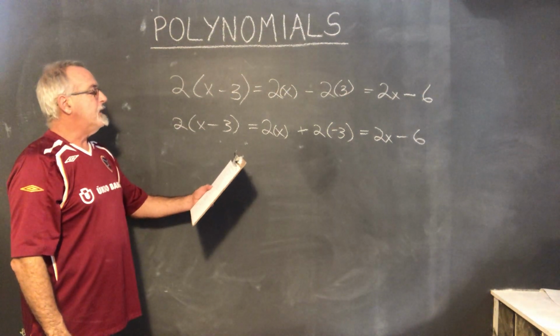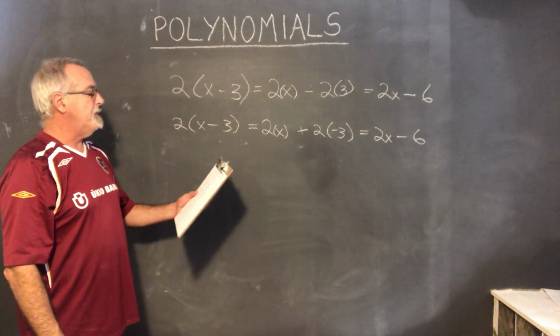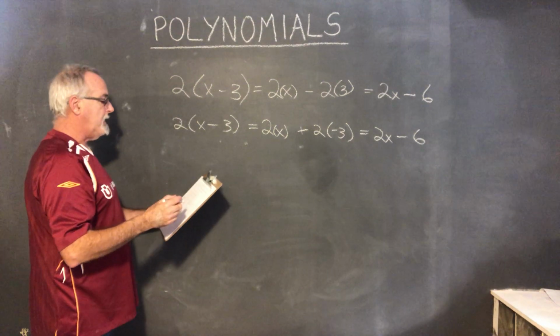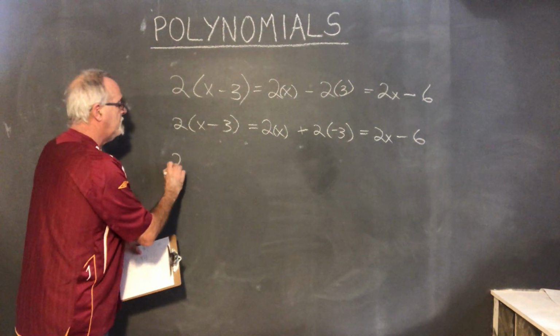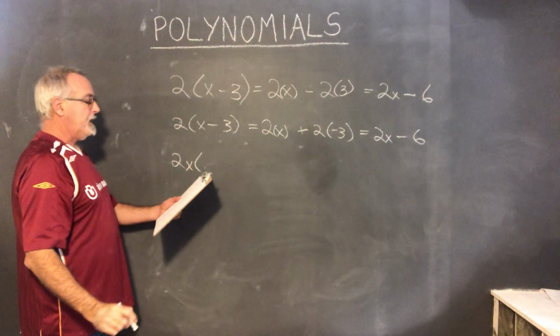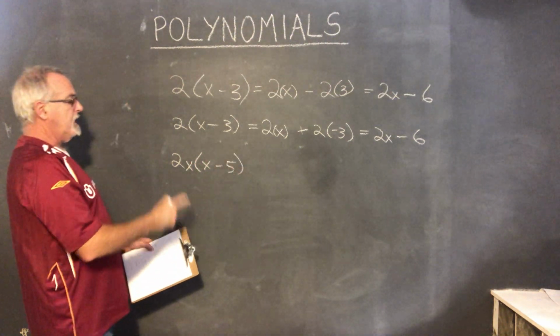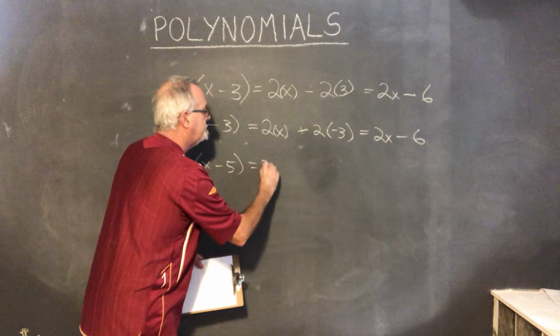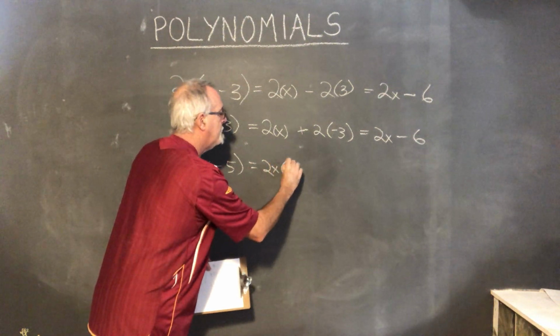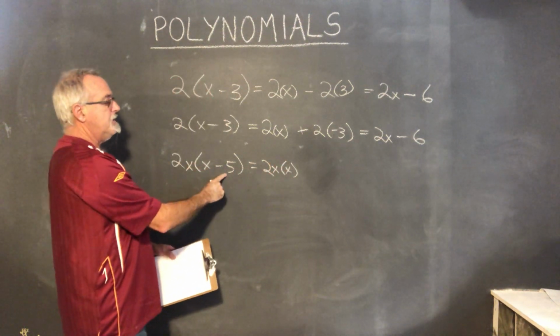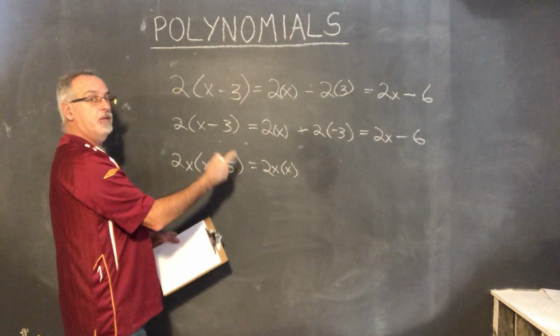Now, let's do another distributive example, and I have enough room so I won't erase. What if there's more? What if it's 2x times a bracket, and this bracket has x minus 5 in it? Okay, I'm doing 2x times x, but I'm also doing 2x times negative 5, and I can write it either way.